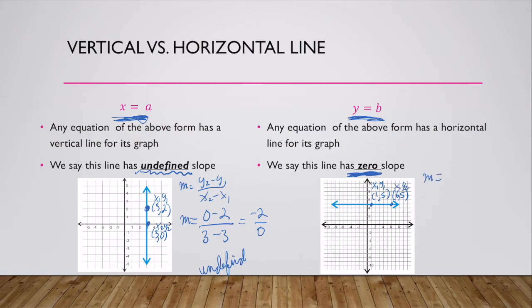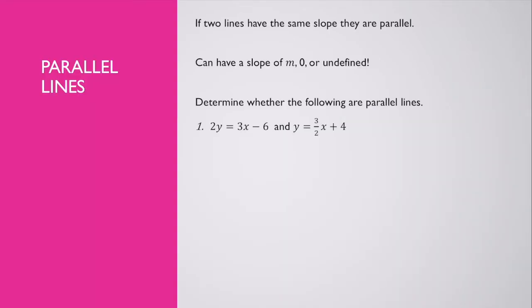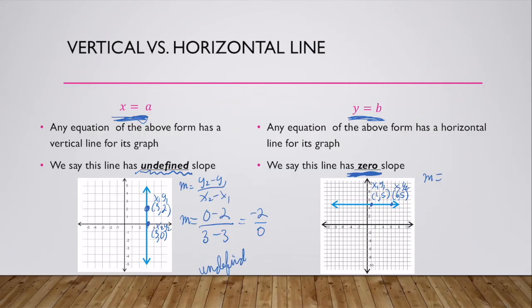So let's look at my change in y, which is going to be 5 minus 5 over 6 minus 1, so I get 0 over 5, which is 0, because we can divide 0 by a constant. We just can't divide a constant by 0.